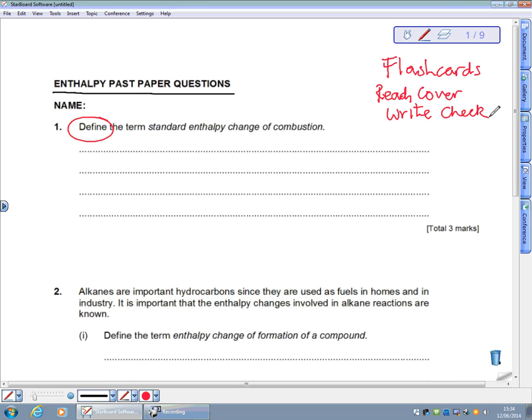Here we go. Define the standard enthalpy change of combustion. Whenever you see the word standard, you have to make sure that the standard conditions are stated.